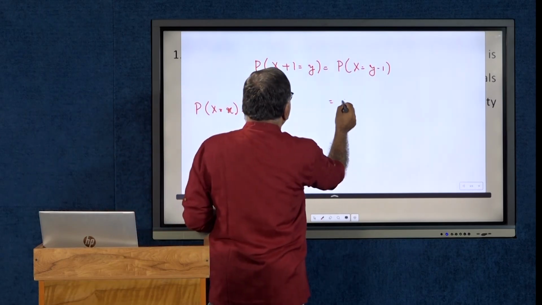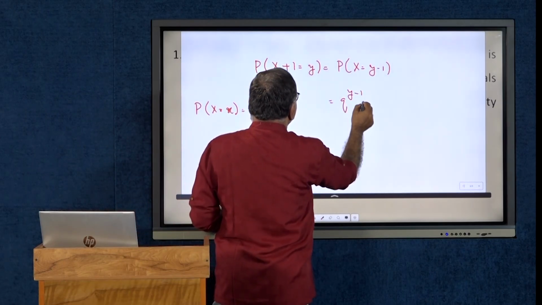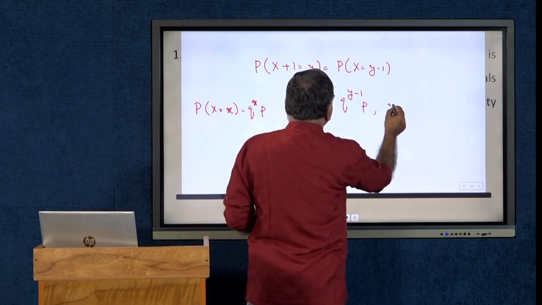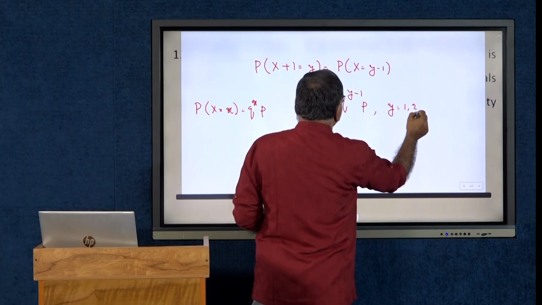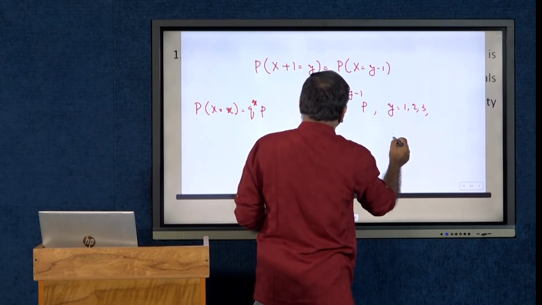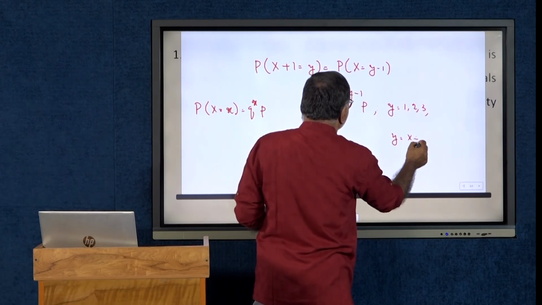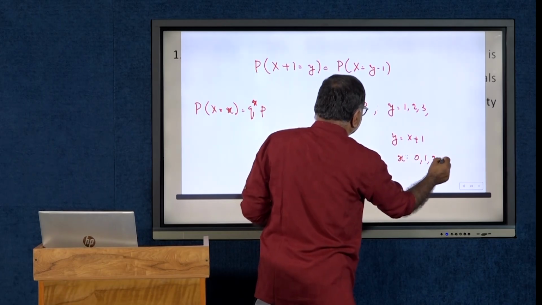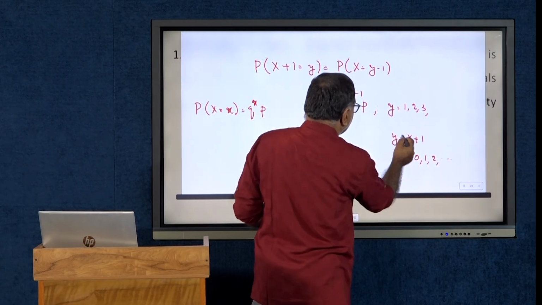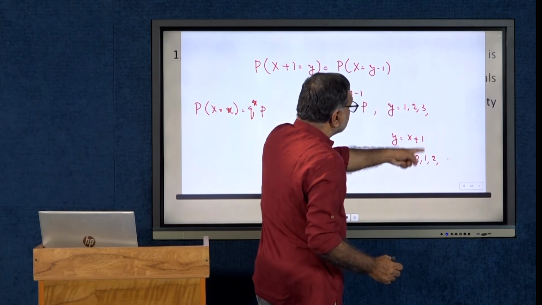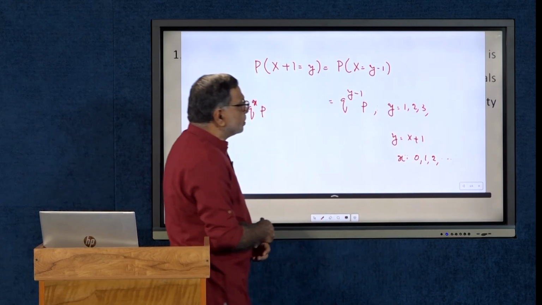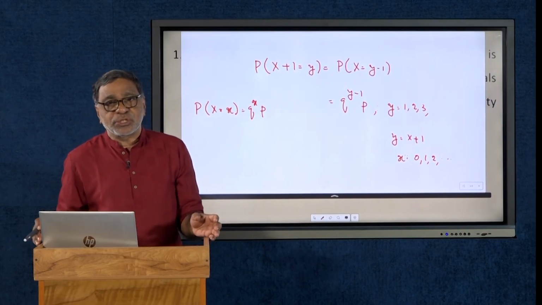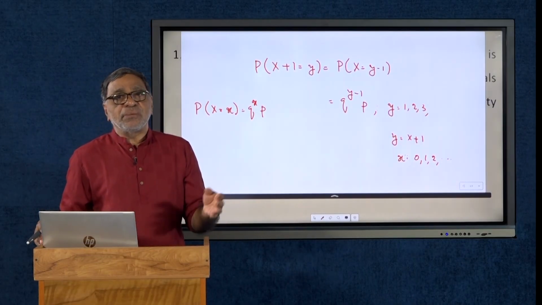So, this is q power y minus 1 into p. And what are the values of y? y is equal to 1, 2, 3, etc. Since y is equal to x plus 1 and x has the values 0, 1, 2, 3, etc., y can have the values 1, 2, 3, etc.